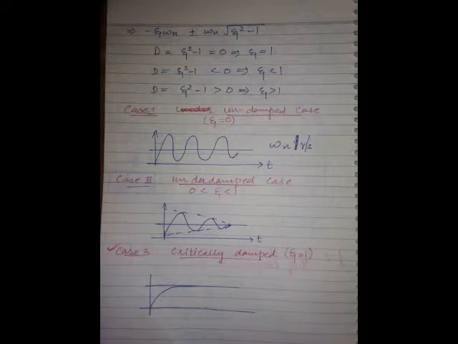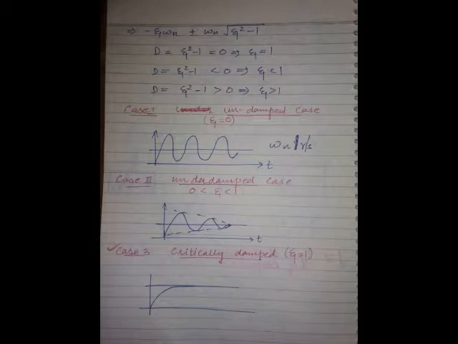If this discriminant is less than 0, these roots are complex conjugates, which means zeta value is less than 1. If this discriminant is greater than 0, these roots are real and unequal, which means zeta value is greater than 1.